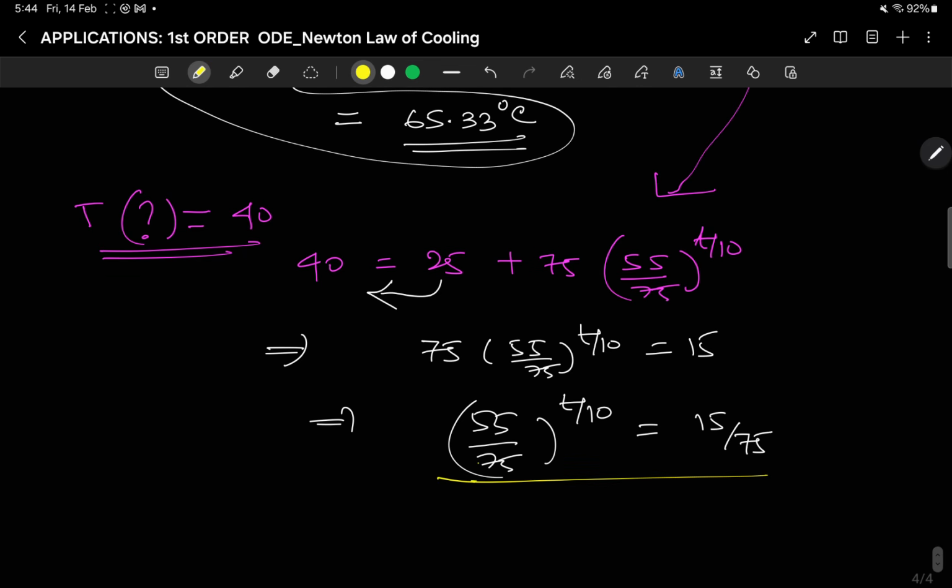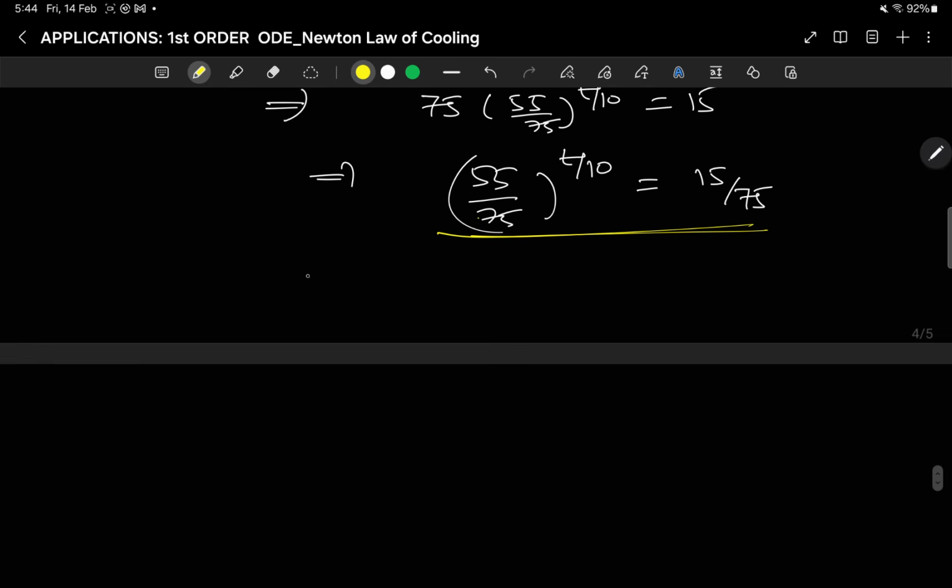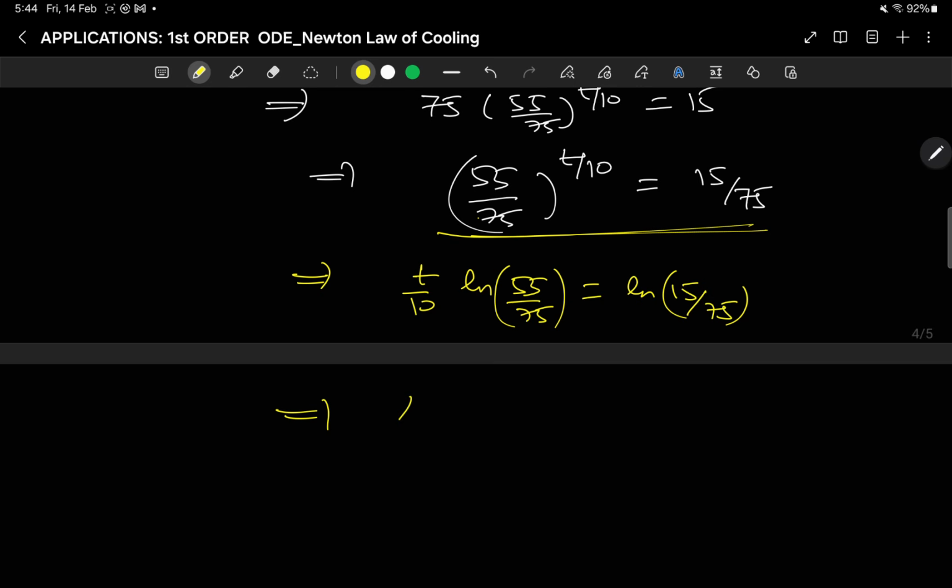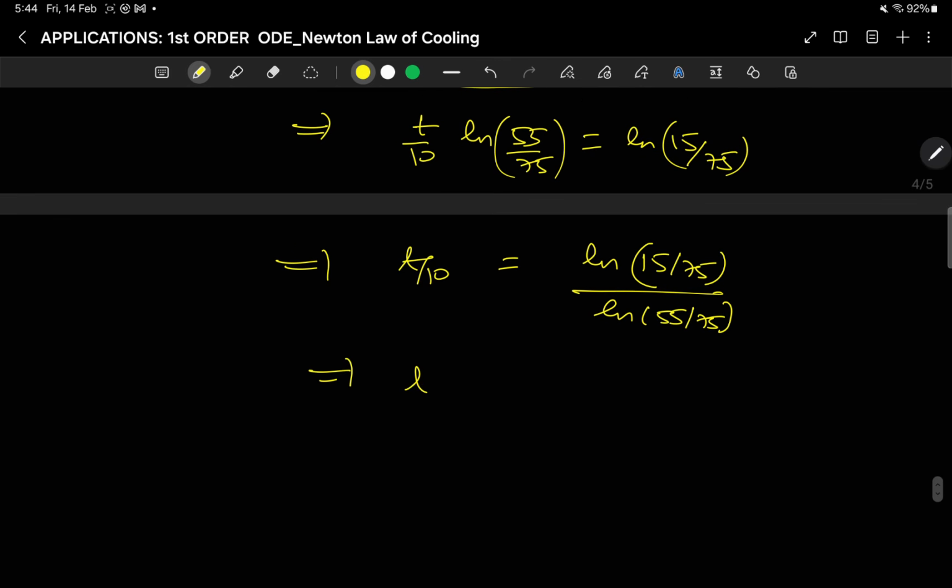Now we take log on both sides. So t by 10 ln (55 by 75) is ln (15 by 75). So t by 10 is ln (15 by 75) divided by ln (55 by 75). So t is equal to 10 into ln (15 by 75) by ln (55 by 75).